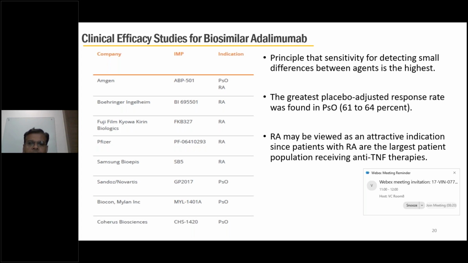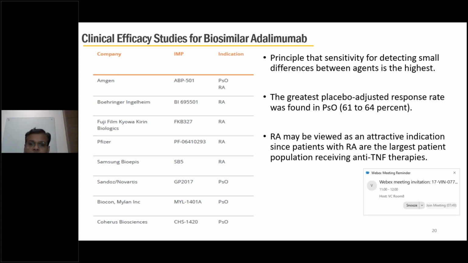Now, if you target plaque psoriasis, there are high chances that the responses are better when you use this indication as compared to rheumatoid arthritis, because even the slightest difference between the two products can be easily magnified when you are using the right target population, say plaque psoriasis.